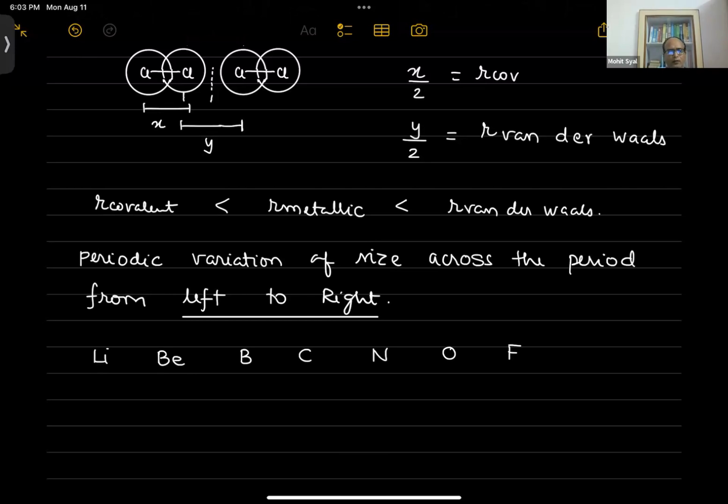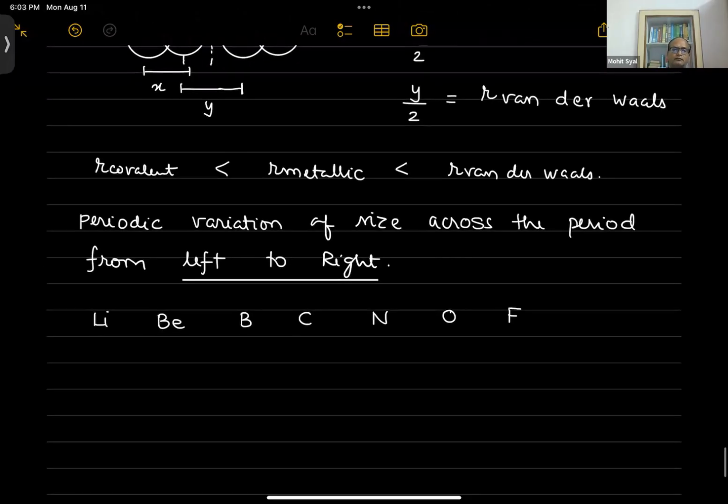We need to figure out how the size is changing from left to right. So how are the electrons getting added? First we should think about that.